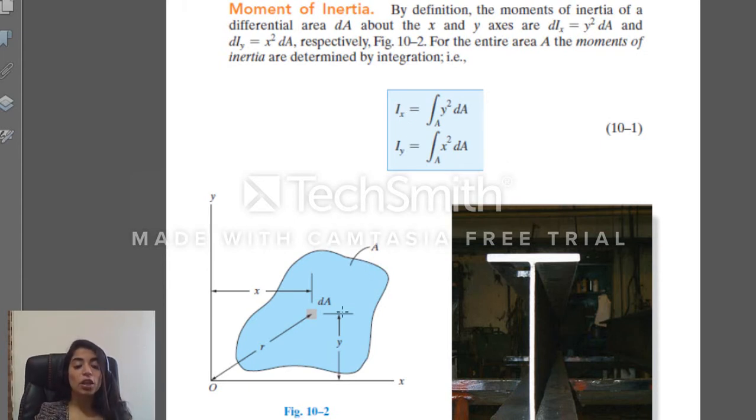Okay, like this case, you can divide this area into small dA, and then for each dA you should define the distance between this dA and x and between this dA and y, and then you can find Ix and Iy. Now, guys, why do I have Ix and Iy? Because in fact, I can have a bending moment around x and a bending moment around y, or only a bending moment around x. So I should, guys, know which I should use.